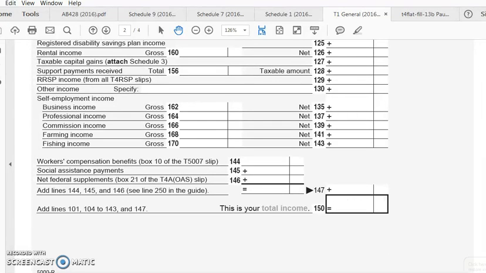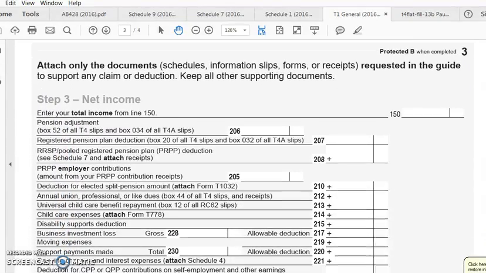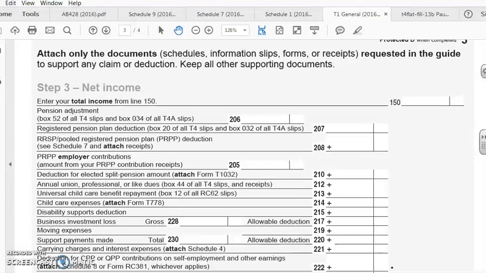Okay, so moving on to page 3, we see that we need to enter total income from the previous page, which is, in Paul Brown's case, $6,200. And we're going down and we see that there is, in fact, one thing that he has done.